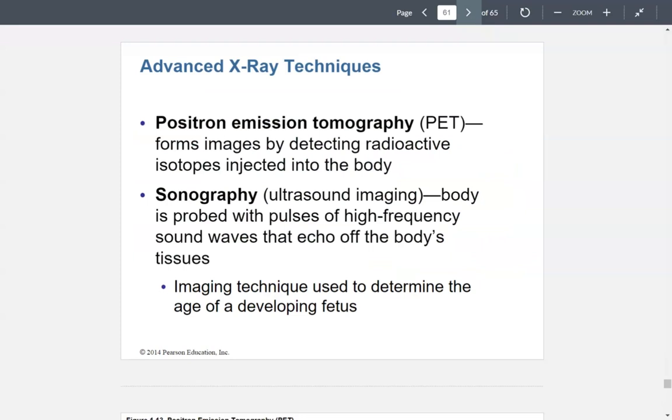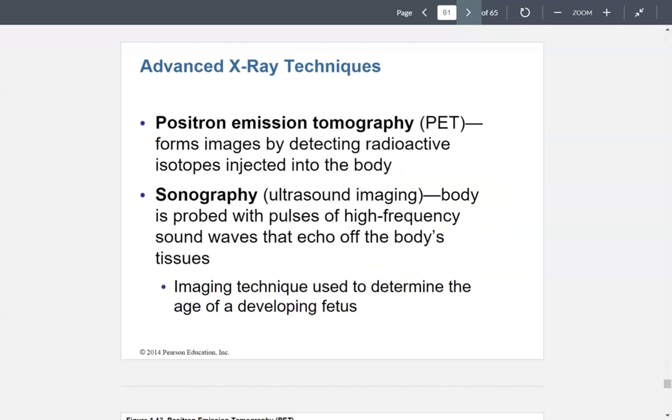Positron emission tomography, otherwise known as PETs, these are going to use radioactive compounds to track through the body. Sonography is the fancy way of saying ultrasounds. We use high frequency sound waves and we record the echo back. This is what is done to help determine the age of a developing fetus, the gender.